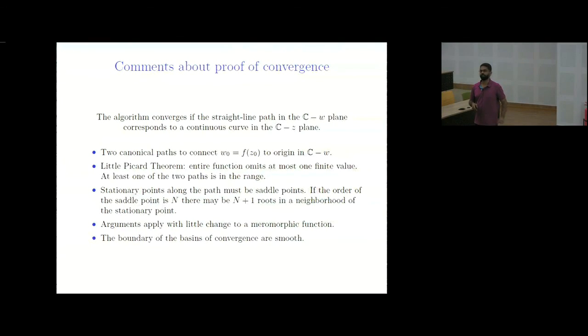Everything I said applies to a meromorphic function. Meromorphic functions may have singularities, may have poles, but the algorithm is designed to walk away from large values of f. So even if you start close to a pole, you will walk away from it. You'll never walk towards a pole. Right? So in that sense, it doesn't even matter that you can handle meromorphic functions.